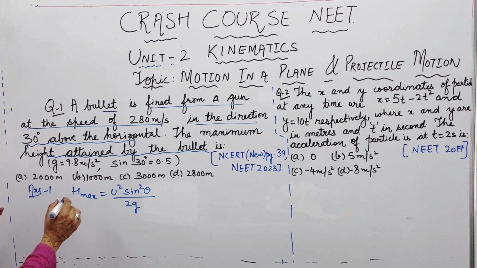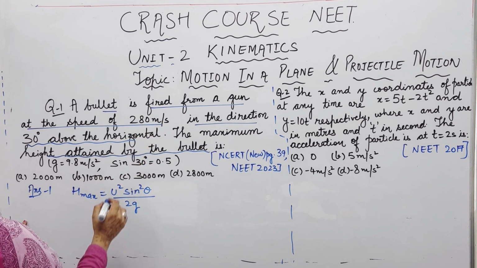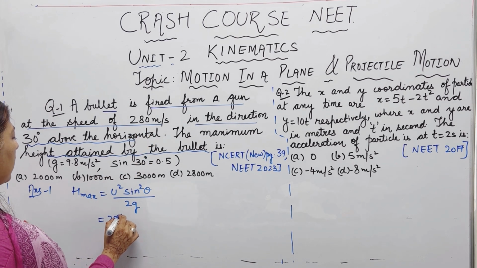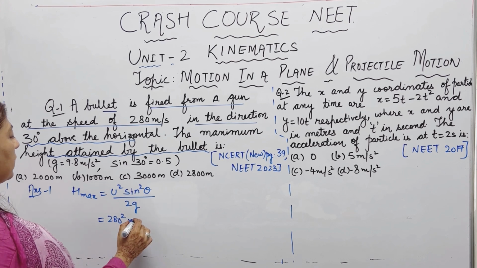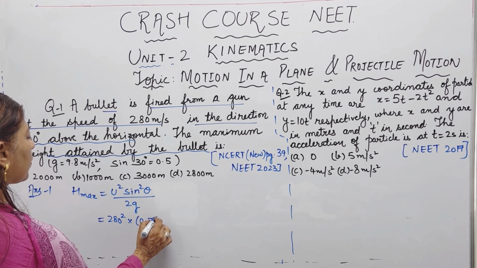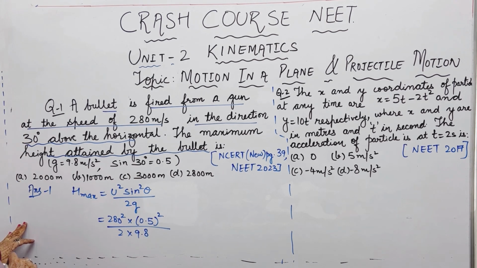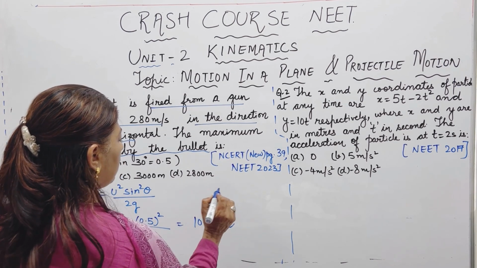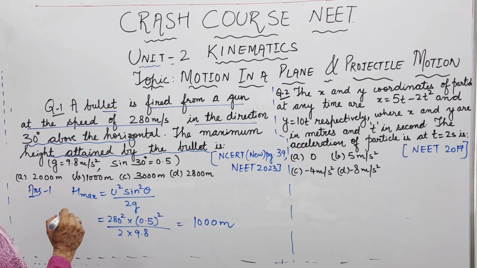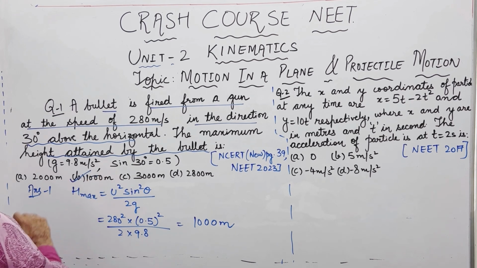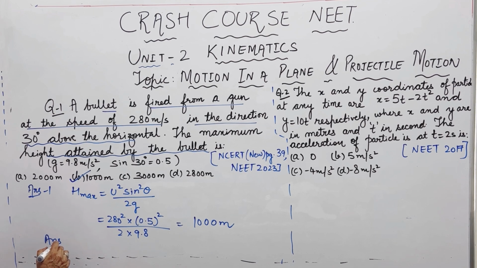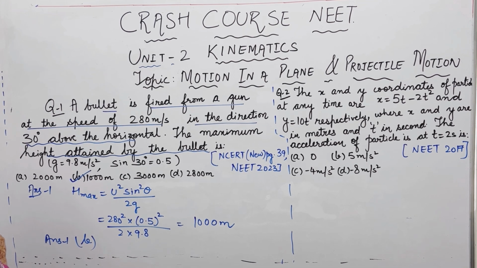Now here u is being given to us, 280. So 280 square into sine square theta, 0.5 whole square, over g equal to 9.8. And solving this we get 1000 meter. So the option B is the correct answer for this, and answer number 1 is the B option.